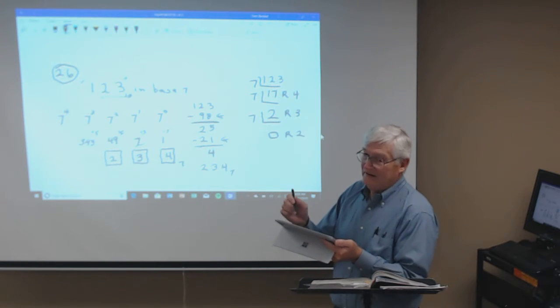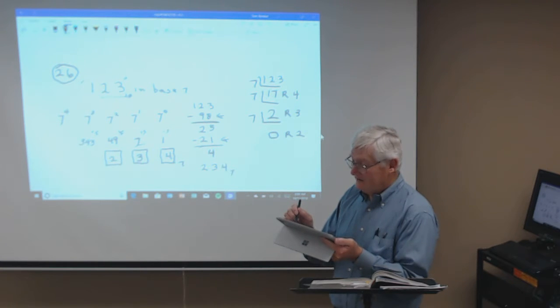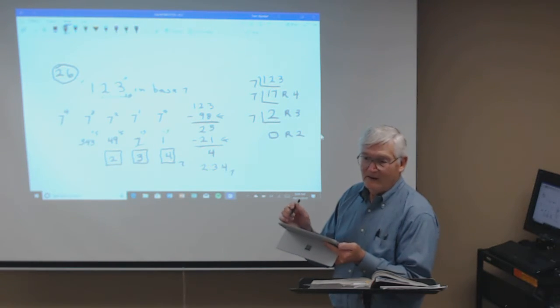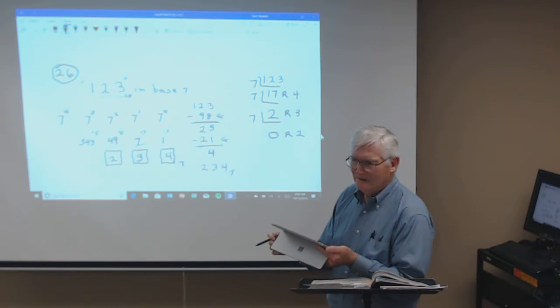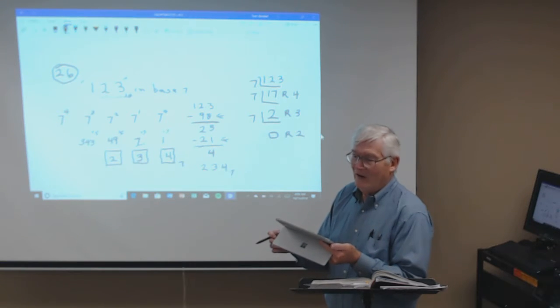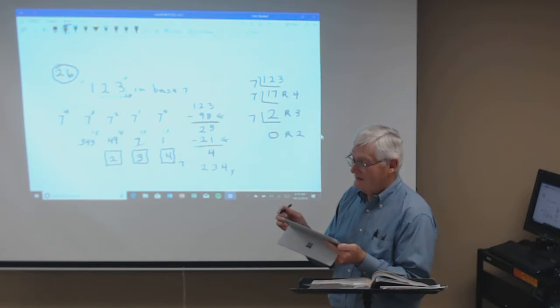If we do it with successive divisions, 123 divided by 7 is 17 with a remainder of 4. Do some of you have a calculator that will do remainders? There are calculators out there that'll do that for you. They just cost more money.